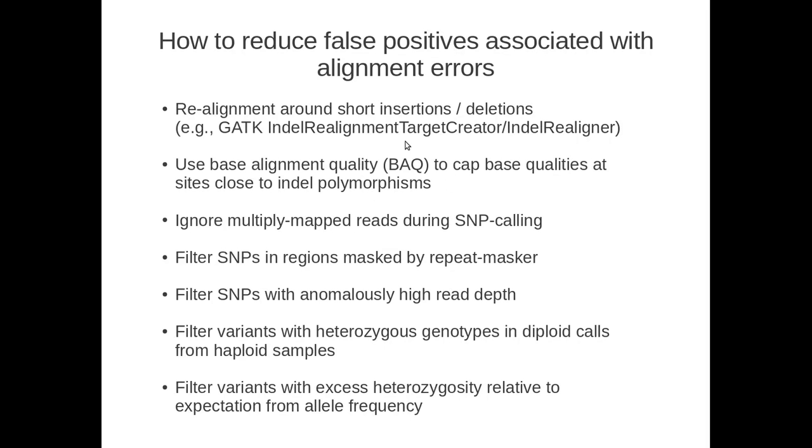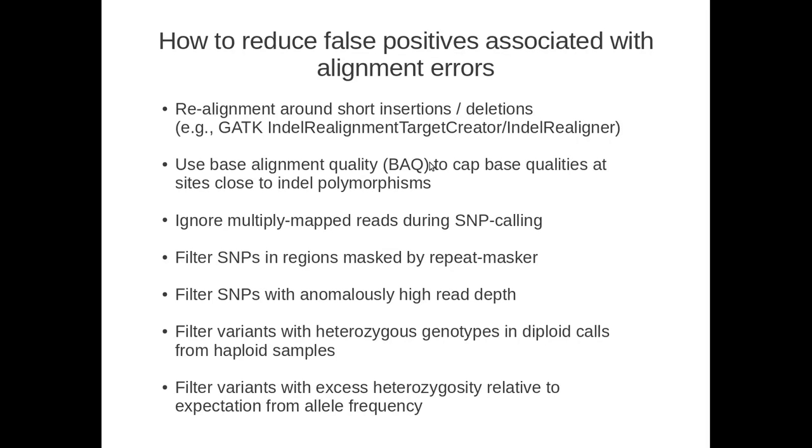This is a slick technique developed by Heng Li at the Broad, and basically what it does is it penalizes the base qualities in alignments where a read is close to an insertion deletion polymorphism. So again, it's addressing the same problem as you see in these realignments around short insertions deletions.